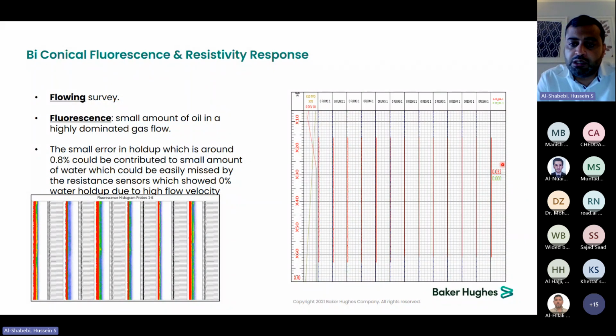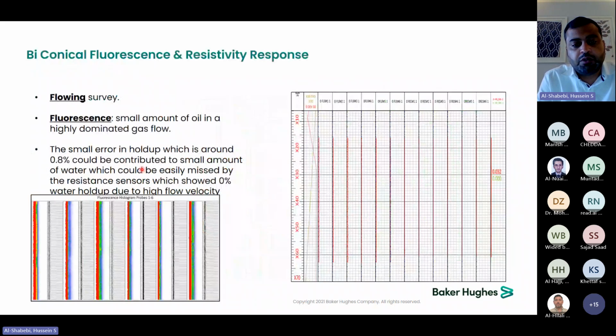That is water basically, because the well from the surface measurements was producing water as well. The resistance was not able to detect it because of the high velocity, and this is one of the limitations of the resistance tools, that when the bubble size is getting very small because of the high velocity, it will be missed.